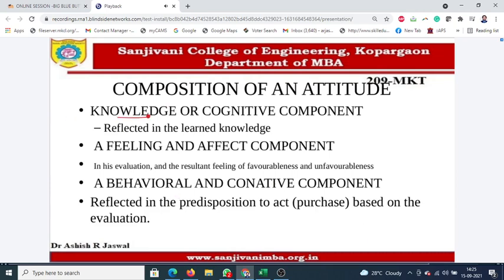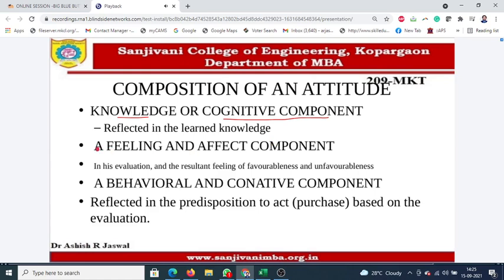Knowledge component reflects the learning and knowledge that a consumer obtains from his own experiences or interaction with others. Attitude form करताना सगळ्यात पहिल्यांदा cognitive component येतं. That learning which the consumer has done either by his own experiences or by interaction with others is the first component, called the cognitive component.